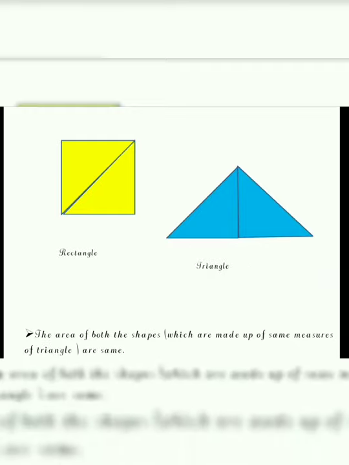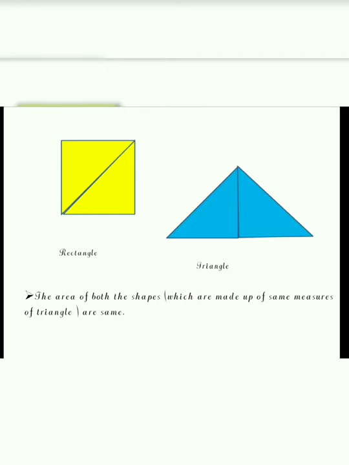So we can say that the area of both the shapes, rectangle and triangle, which are made up of the same triangles. You know that all 4 small triangles are of the same measure. So the area of these 2 shapes, the rectangle and the big triangle, are the same. Clear?